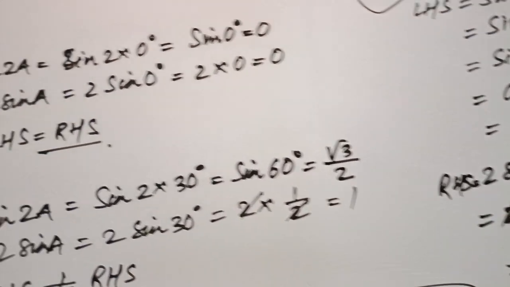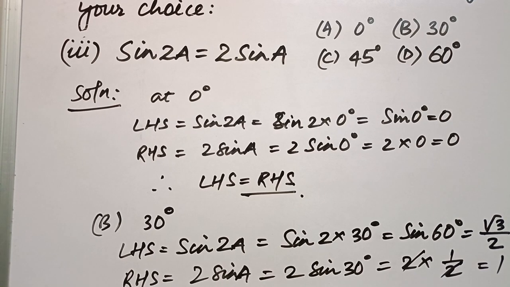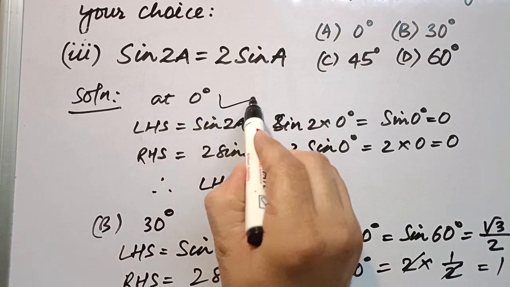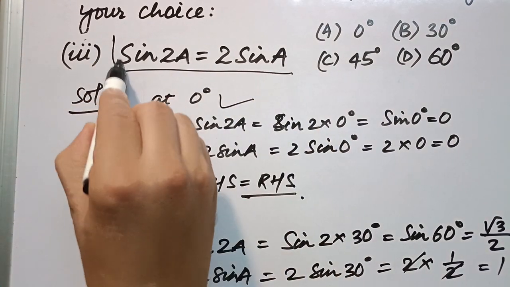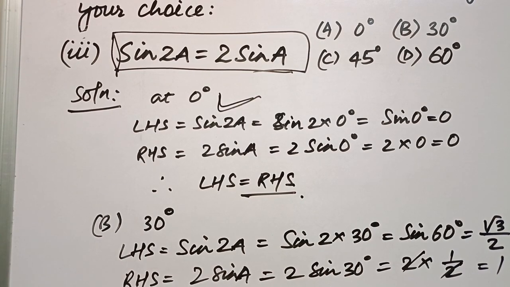So we got only one value which is correct from these 4 options, that is A. This will be correct at 0 degree only. Left hand side and right hand side will be the same at 0 degree. At 30, 45 and 60 it won't be correct.